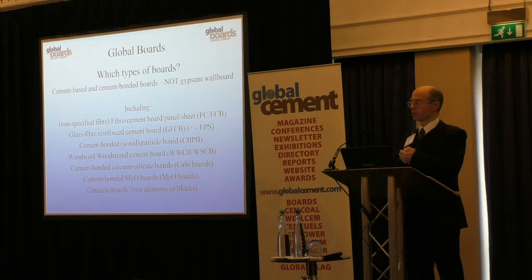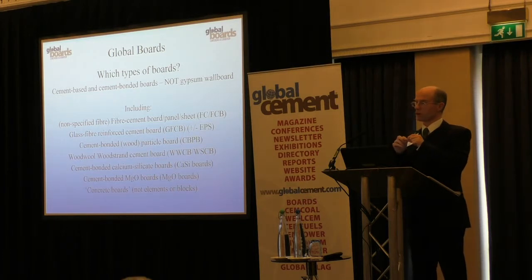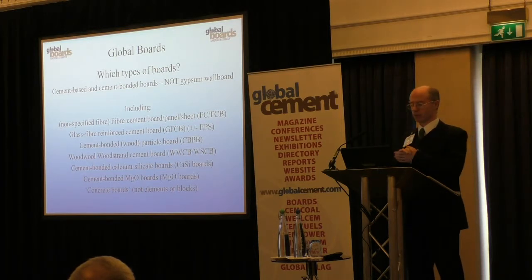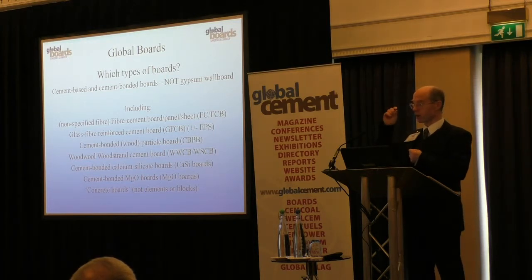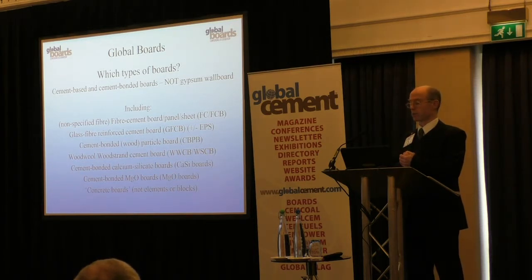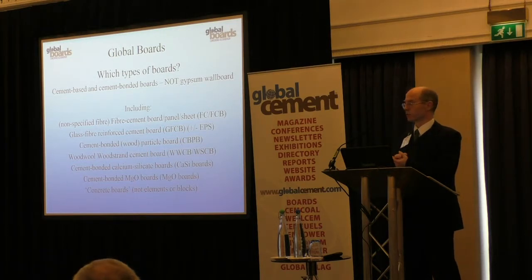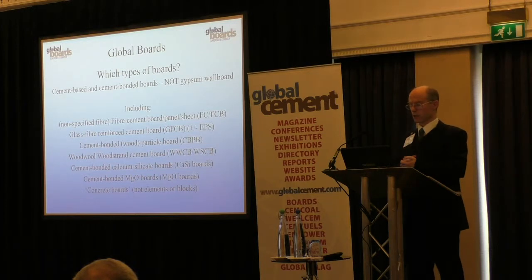The wood-based or wood particle or wood component-based cement boards, including cement bonded wood particle boards, which are really clasts, and the fibrous version of those, the wood wool and wood strand cement boards. And Eltomation is a company well known for making machines that make those types of board, and they do, I think, have a hand in making those boards themselves.